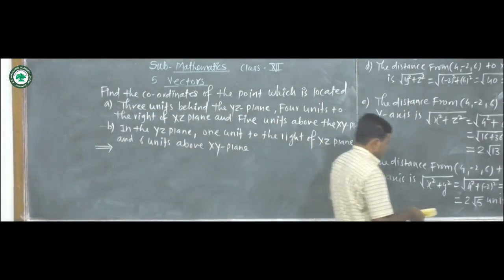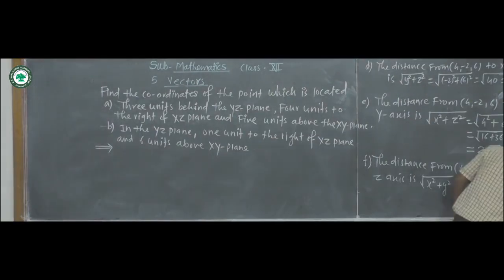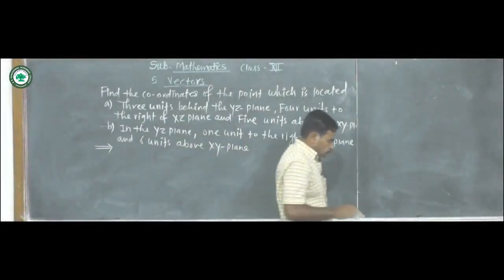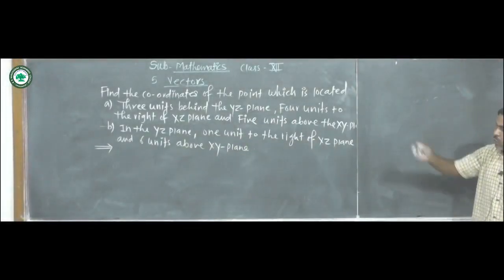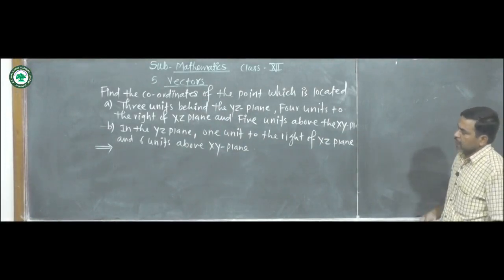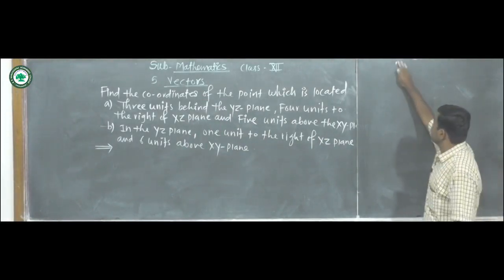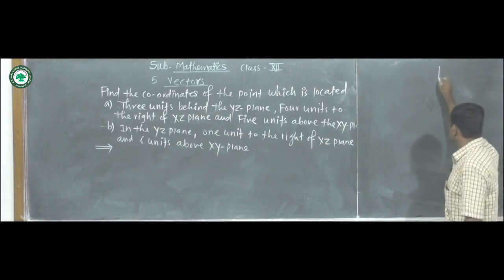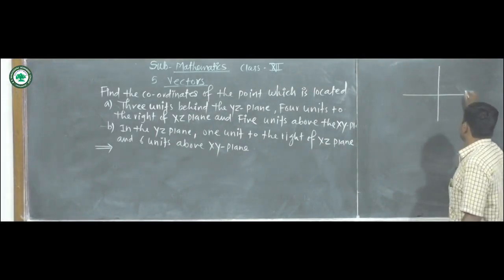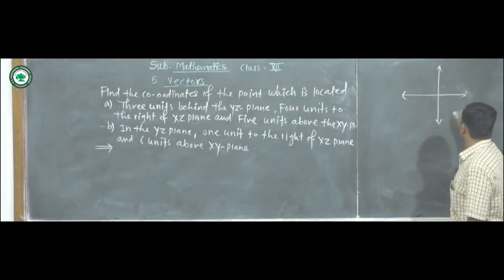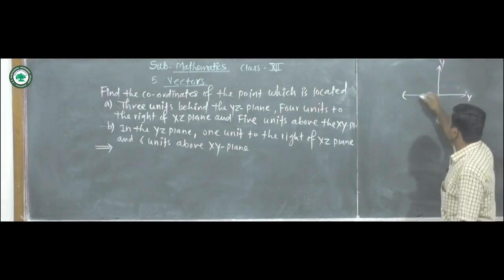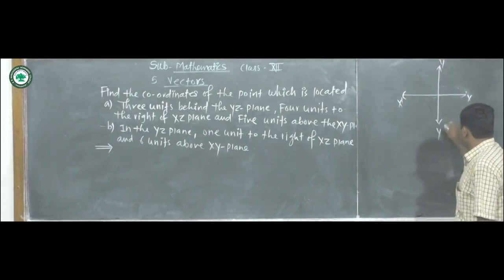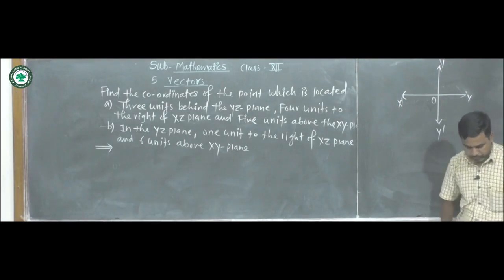See the question. First read the question carefully. Before talking about the solution for this question, we first discuss some concepts here. See, x-axis, y-axis, negative x-axis, negative y-axis, origin.